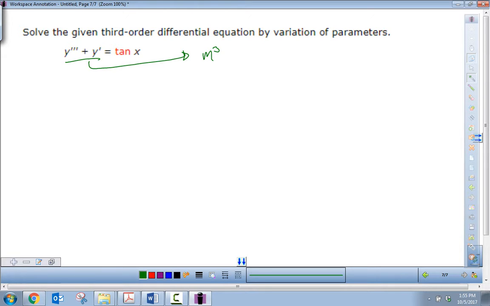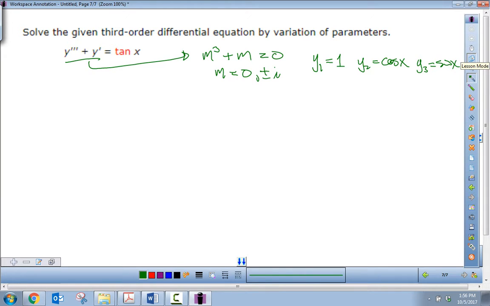There is an m, and there's no constants. 0 and cosine sine. So we got m equal to 0 and plus or minus i. And so that would lead us to our y sub 1 to be just a constant 1, e to the 0 power. And y sub 2, whatever you want to do first, sine or cosine, and then y sub 3 to be the other function.